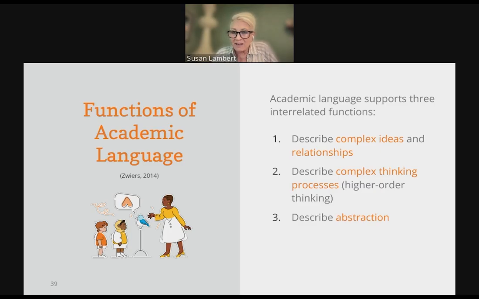It's not like a concept of a coffee mug, a thing that we name. It's abstract ideas, gravity, the idea of friendship, right? Like there's all kinds of abstract concepts that we ask students to engage in terms of thinking about ideas and relationships and higher order. Abstract concepts are really hard.